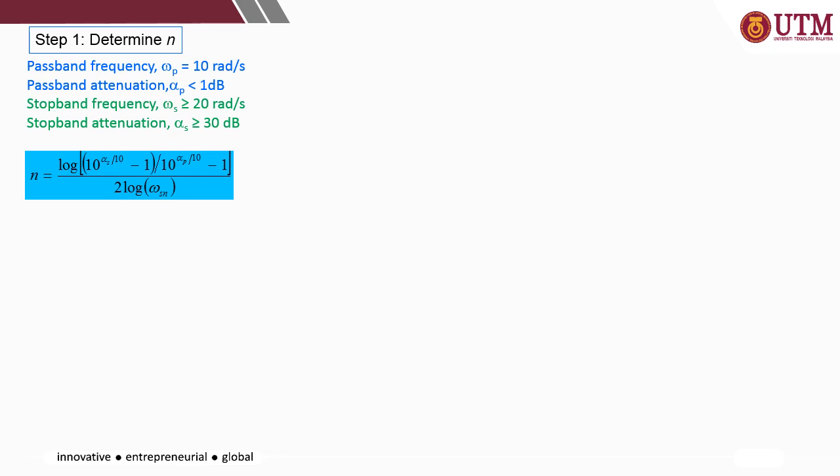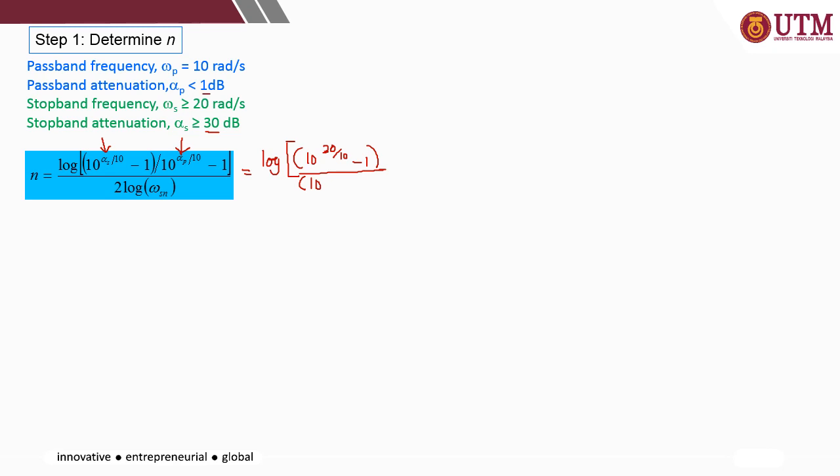Alright, so from signals and systems, if you still remember, the alpha S and alpha P in this equation need to be in dB, positive values only. For example, alpha S here: it's log 10 of alpha S. So alpha S is 30 dB, so just put 10 to the power 30 divided by 10, minus 1, and divided by 10 to the power alpha P over 10, minus 1.